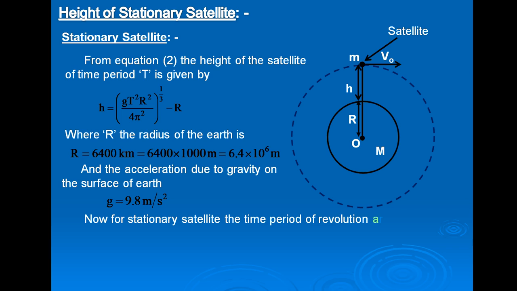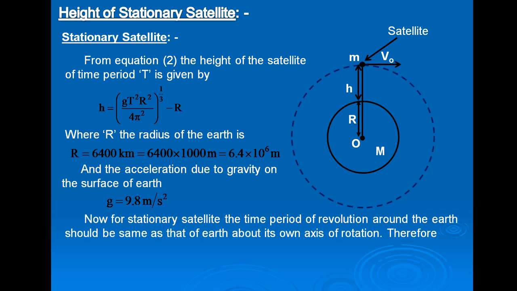Now for a stationary satellite, the time period of revolution around the Earth should be the same as that of the Earth about its own axis of rotation. Therefore, capital T is equal to 24 hour, which is equal to 24 multiplied by 60 multiplied by 60 second. Now put these values in the above equation.